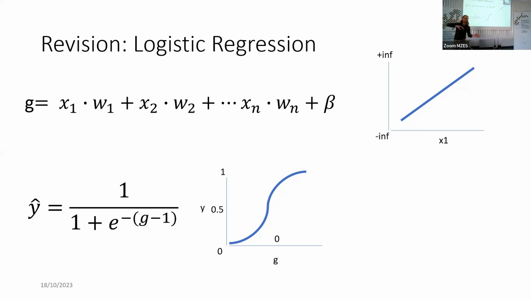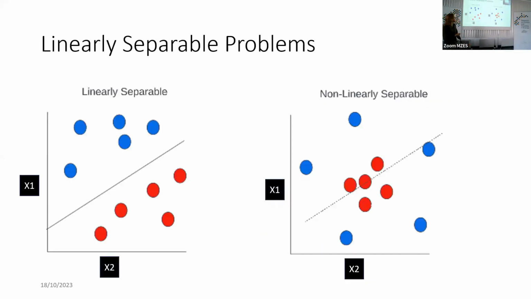Your logistic regression is going to output a 1. And if G falls below a certain threshold, the logistic regression is going to output a 0. So you can imagine that somewhere there's this threshold for G, at which the output of the logistic regression is going to flip. And I can represent that in this diagram here on the left.